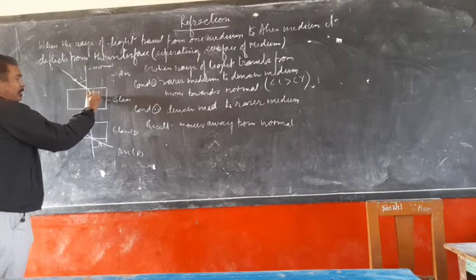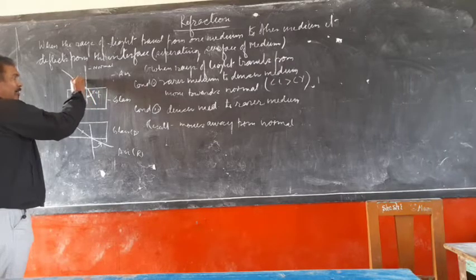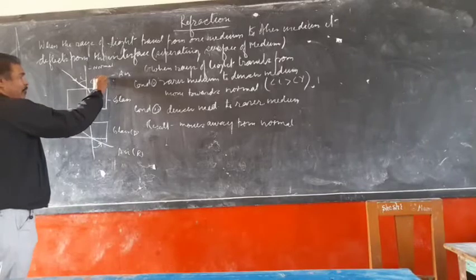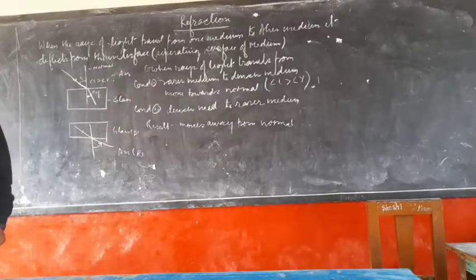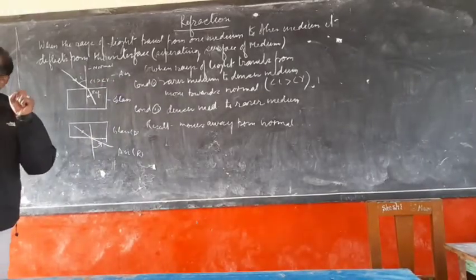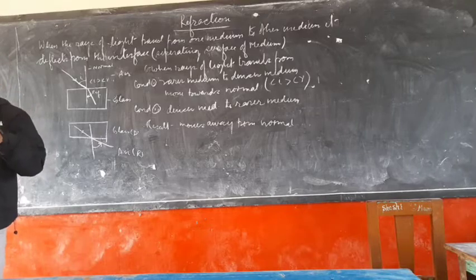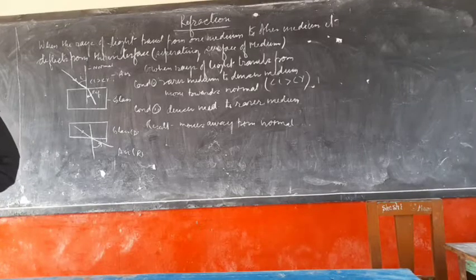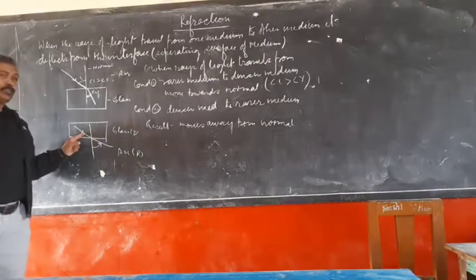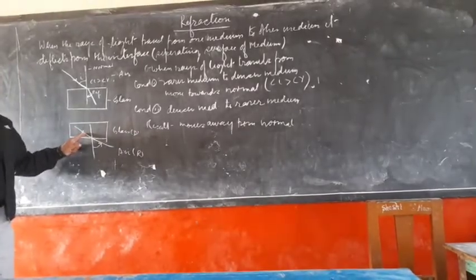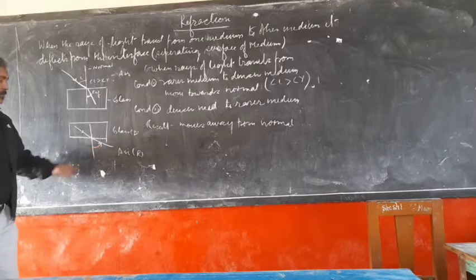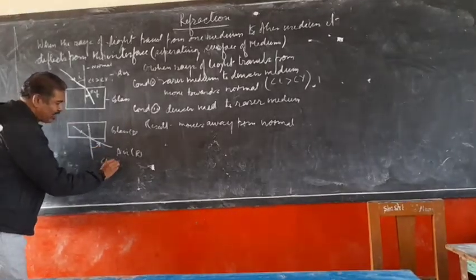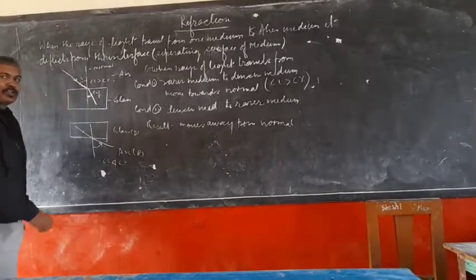So when the rays of light travel from a rarer medium to a denser medium, they move towards the normal. When they travel from a denser medium to a rarer medium, the angle of incidence is smaller than the angle of refraction.